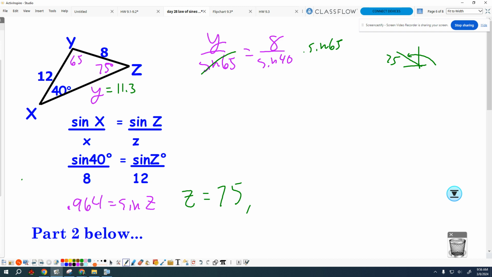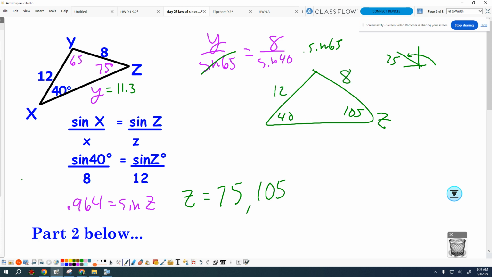I see. 105. Joseph typed it in. And can I have a triangle with a 105 degree angle in it? Yes. Maybe. So let's check our triangle. If we redrew it, it's not drawn to scale. But if this is 105 and that's 40 and this is 12 and that's 8, are there enough degrees to go in that top angle?